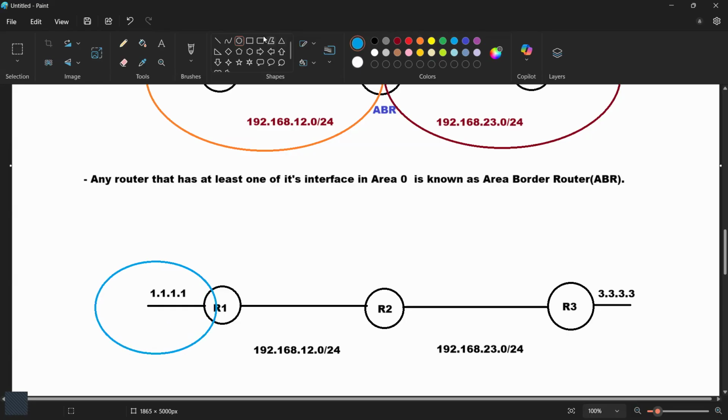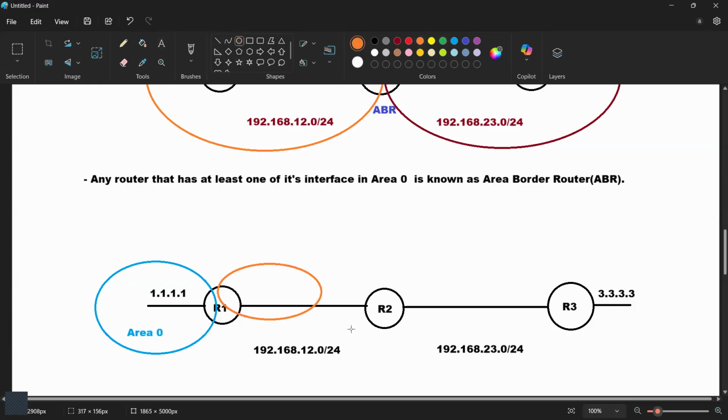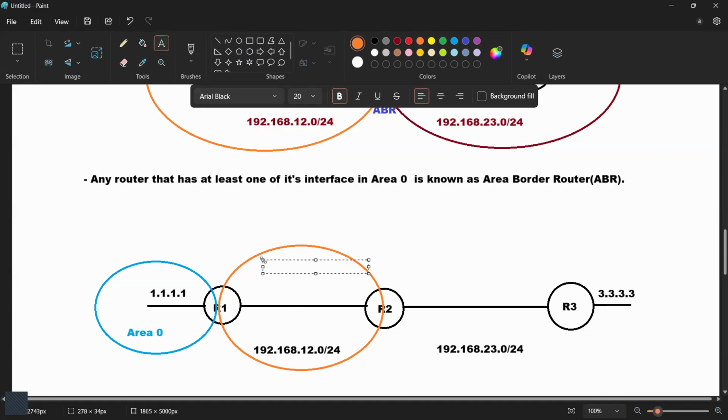So let's say this is area 0. Then you have area 1. This is area 1.